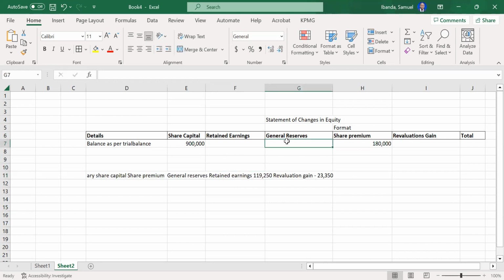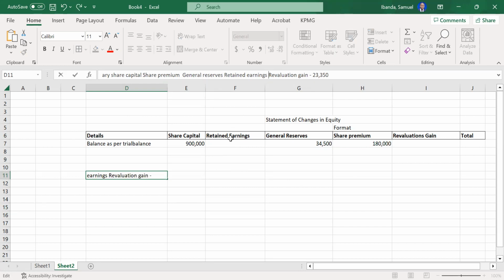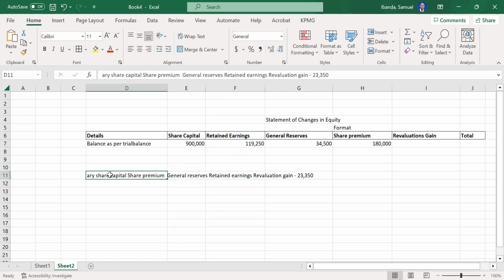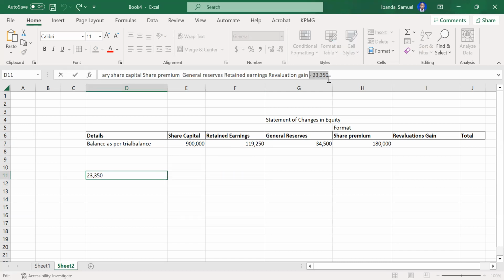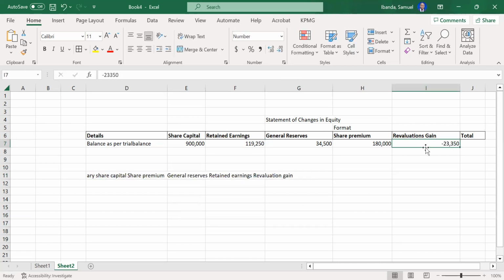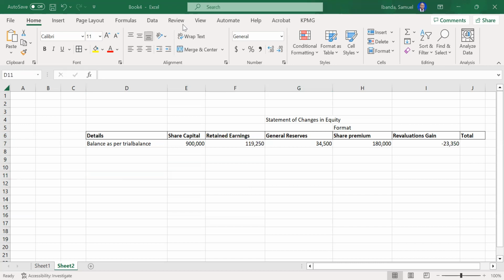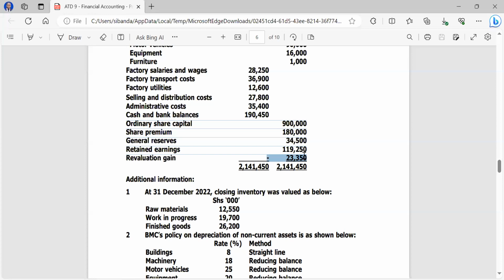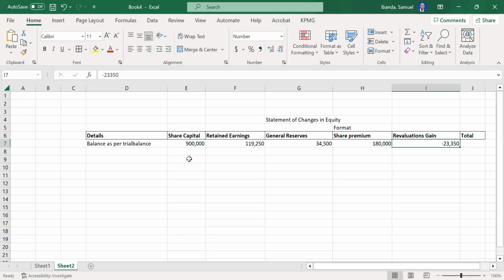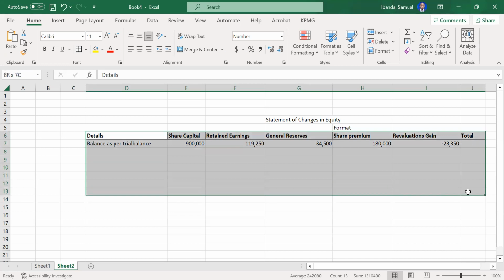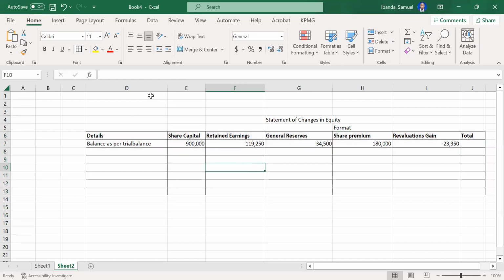General reserves is that. Retained earnings is that. And then revaluation gain is that. So I've been able to input my information. I just want you to see that revaluation gain here is a negative, which means that it's more of a revaluation loss. But since the heading is revaluation gain, for us, we shall ensure that we record the negative the way it is. Okay? So that is what we have.